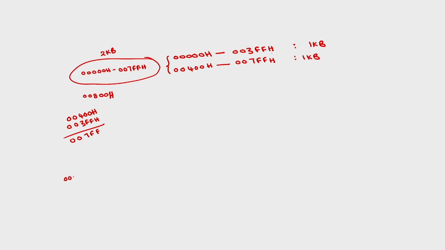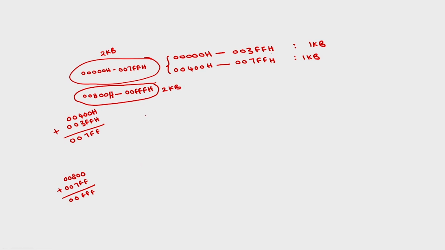So 00800 plus 007FF gives 00FFFH, which will be another 2K. If I start with 00800H, this is another 2K.